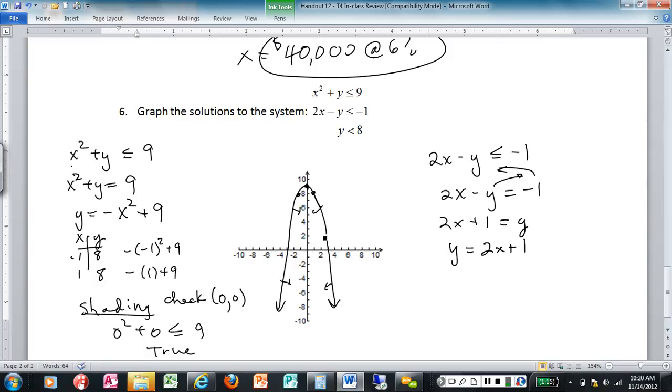That's a y-intercept of 1. Slope of 2, so rise 2 runs 1. Right? It's my y-intercept. It's my slope. 2 over 1. That's what I did. So there's my line. And I am drawing these solid because I have the equal to part.